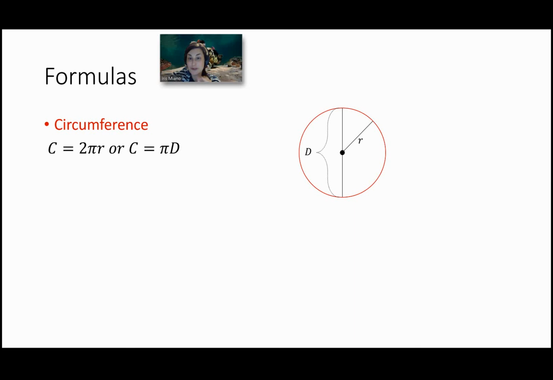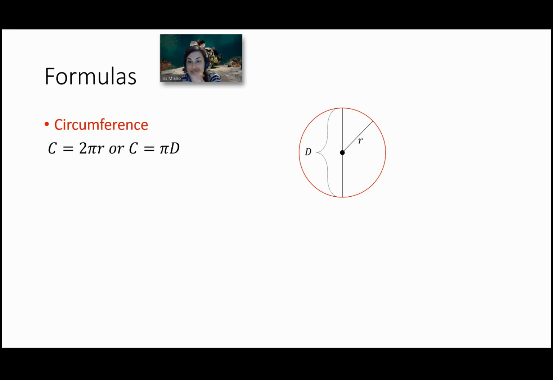It's got a special term, and the term is circumference. There's two different ways to calculate it based on what kind of measurement you're given. Either you're given the radius, in which case you double it and then multiply it by pi, or you're given the diameter, which is double the radius. That's the relationship between r and d in this case. R being the radius, d being the diameter.